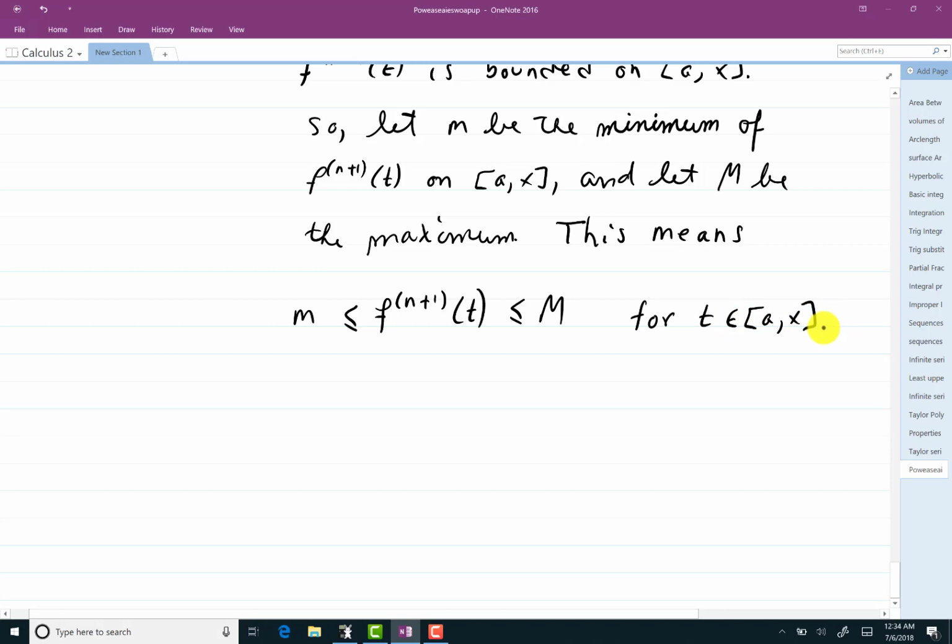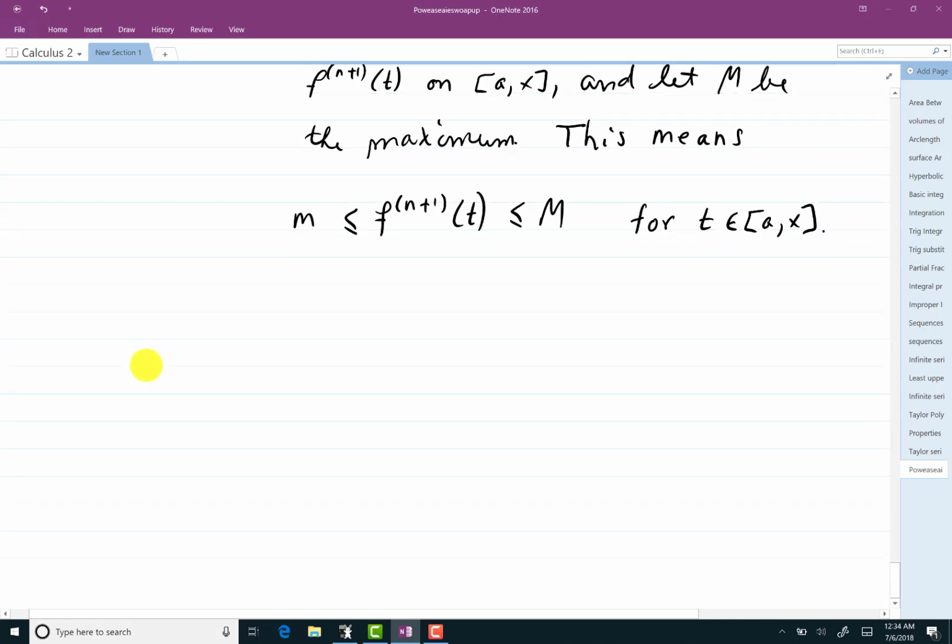Right, so what that means is go back to the integral: R sub n of x equals this integral from a to x. Remember, it was f to the n plus 1 of t all over n factorial times (x minus t) to the n dt.